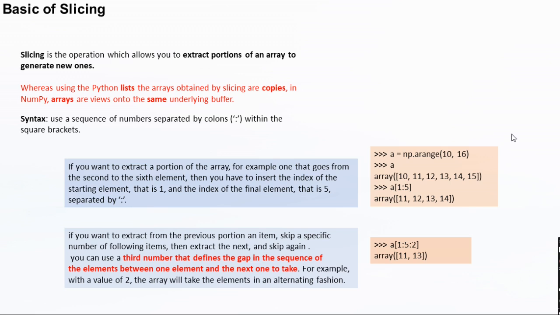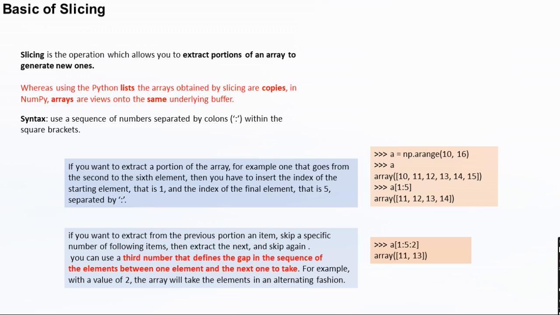We saw a similar concept even in lists, where slicing in a list actually makes copies, but in NumPy when you do slicing in arrays, it will make changes in the same array itself. A new array is not created. So that's the difference. But the concept remains the same.